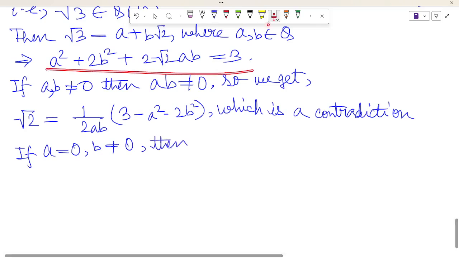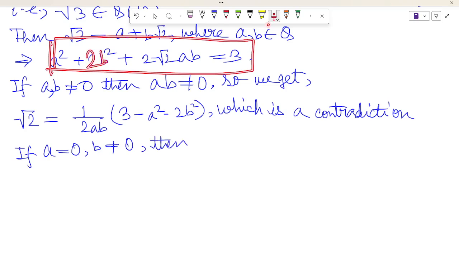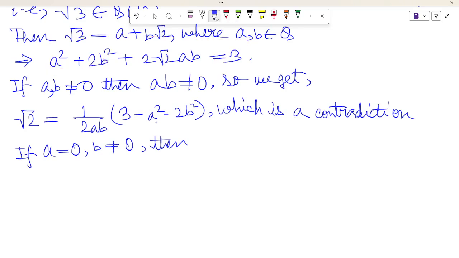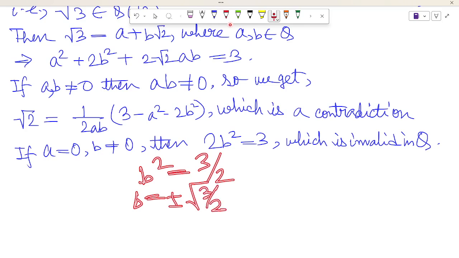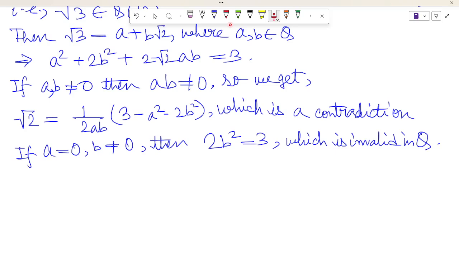Then what can I get from this equation? Then I can get 2b square equal to 3, which has no solution in Q. Then b square equal to 3 by 2 and b will be plus minus root 3 by 2 type, which is impossible in Q, because we chose b a rational number.